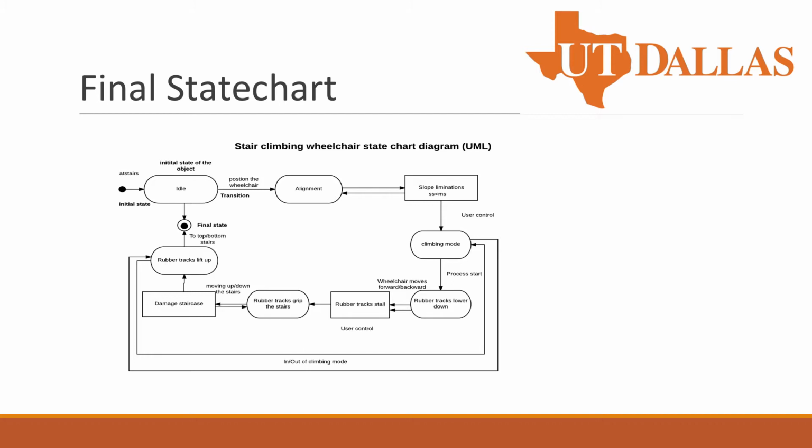Because as you saw in the video, all the staircases that the user went over were perfect, but it didn't show what could happen if there was a damaged stair or staircase. So we think that things could go wrong with that, and we think we did a great job of illustrating the functional requirements as well as some of the faults in this modified state chart.